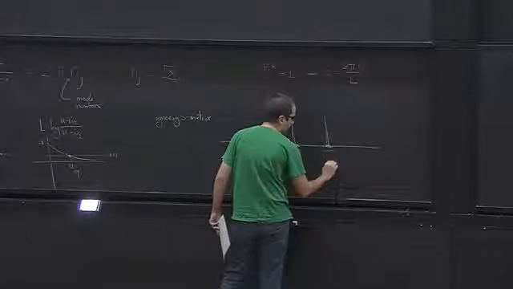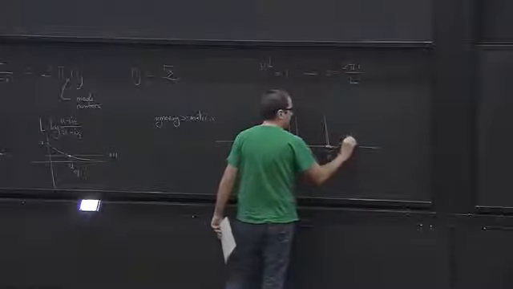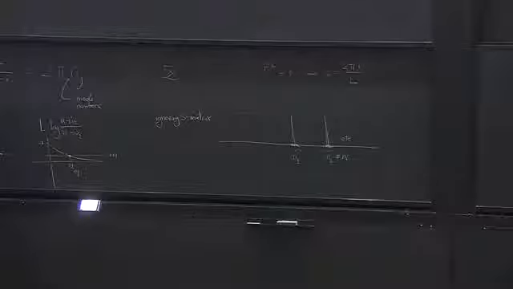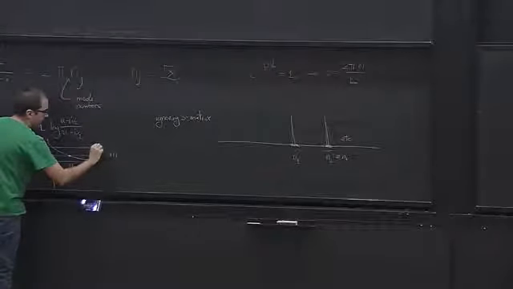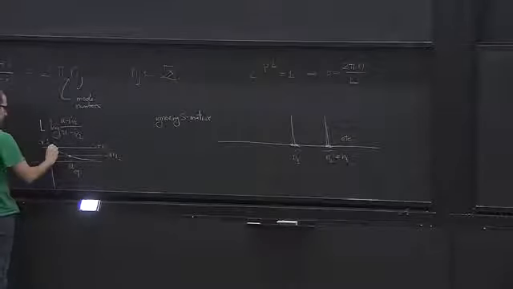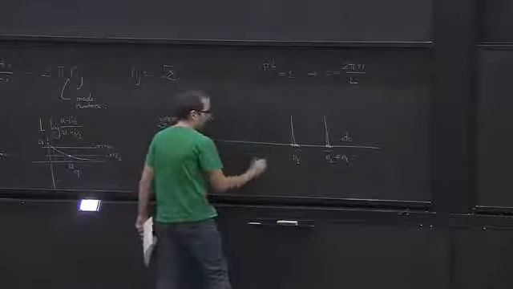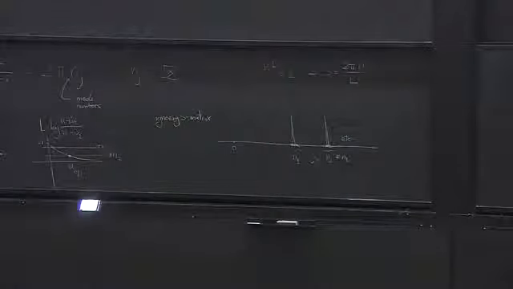These guys would have a different mode number n2, etc. So I take 10 particles with mode number 3, 10 particles with mode number 5, and they go to different equilibrium positions. This would be 2 pi n1, this is 2 pi n2. If this is the origin, n1 is bigger than n2. The bigger n1 is, the closer to the origin they want to go.